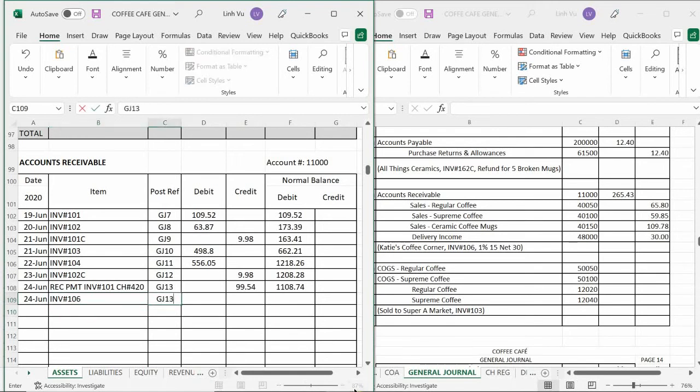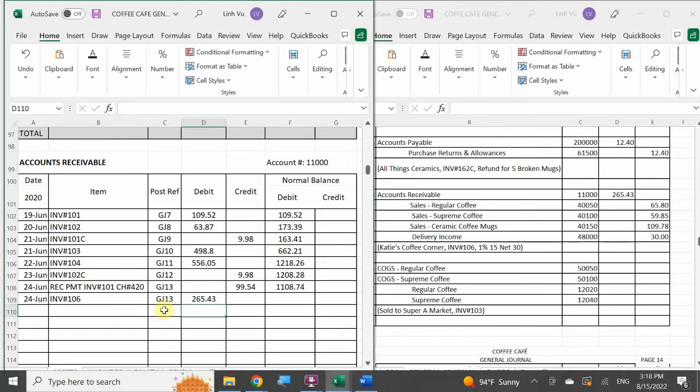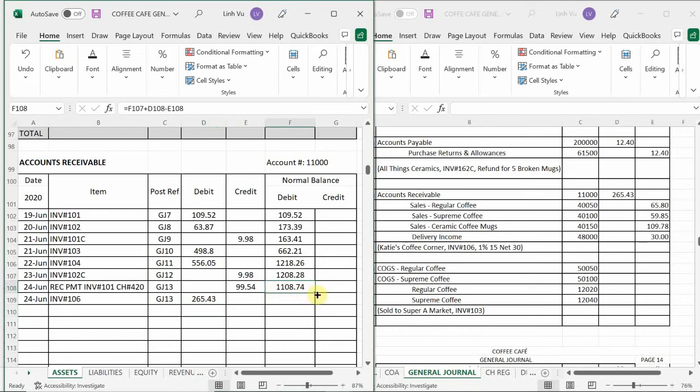Page 13. And we debit 265.43. Our total amount would be 1374, 7417. And then in revenue, we do sales, regular coffee.